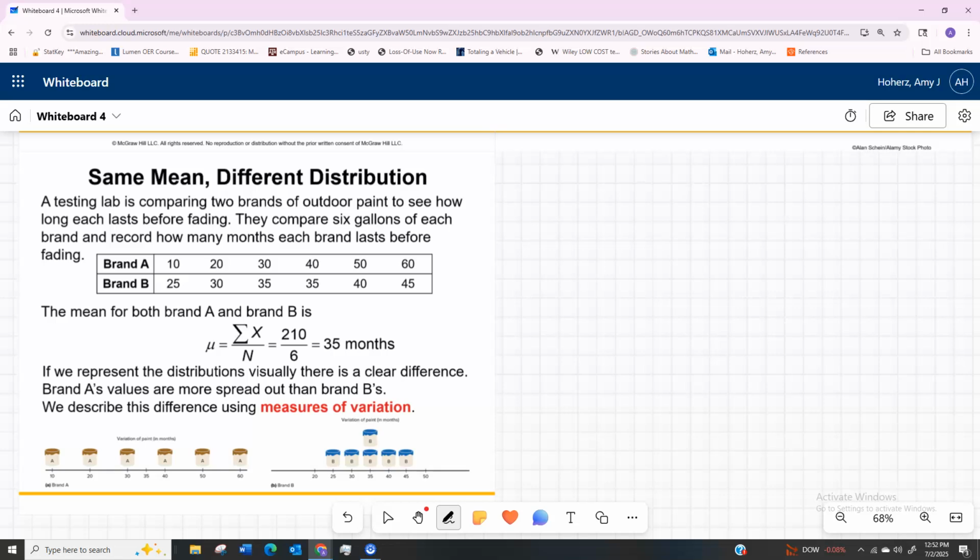We want to do that because computing the variance for a population is a little bit easier, well, it's not easier, but it's a little bit more understandable as to where it comes from than for a sample. So for now, because it's a testing lab, we're going to treat this as the entire population. There don't exist any more cans of brand A. Just these 6 cans are the only 6 cans of brand A that there are. So this is the entire population of brand A.